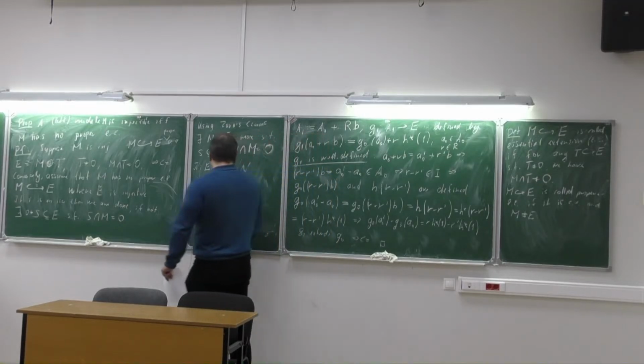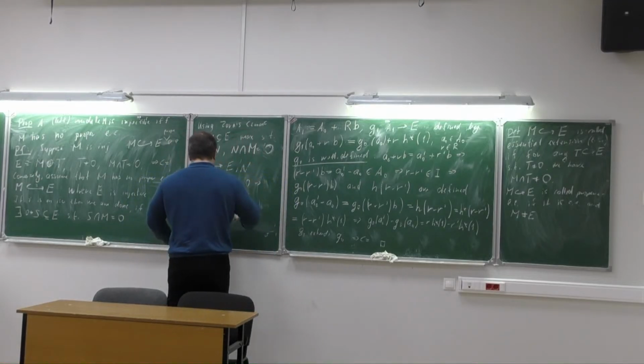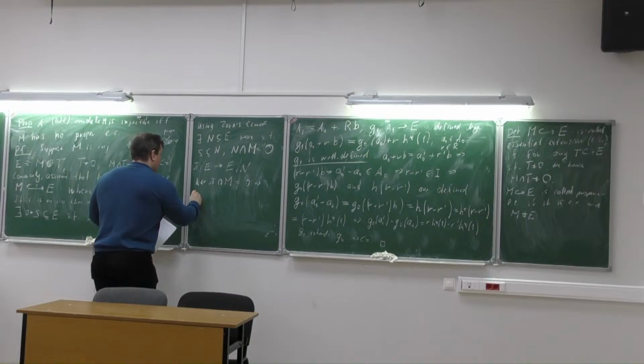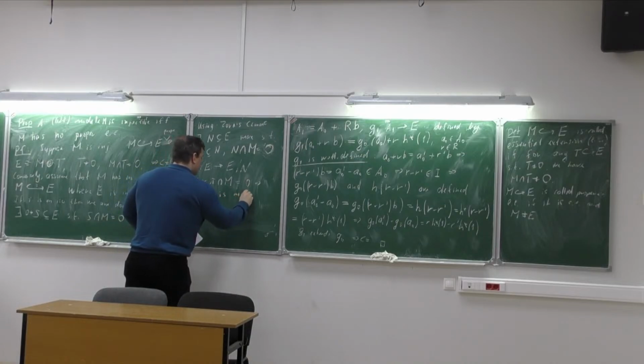But if the intersection of the kernel with M is 0, we can conclude that the map pi, which I restrict to M, is again mono.